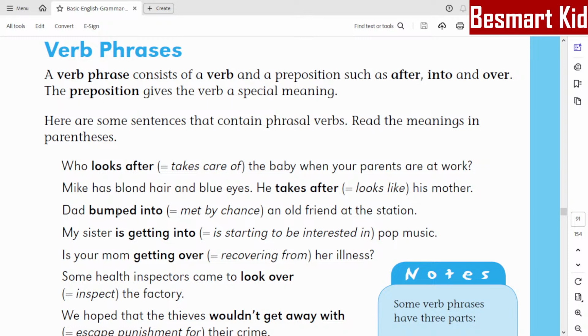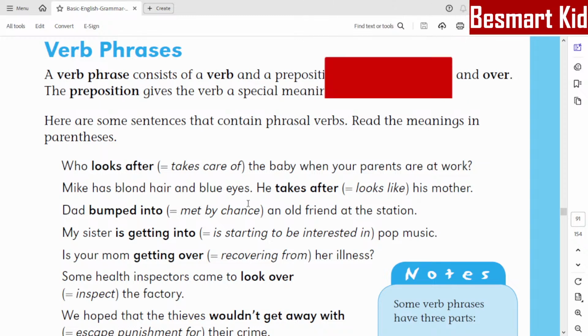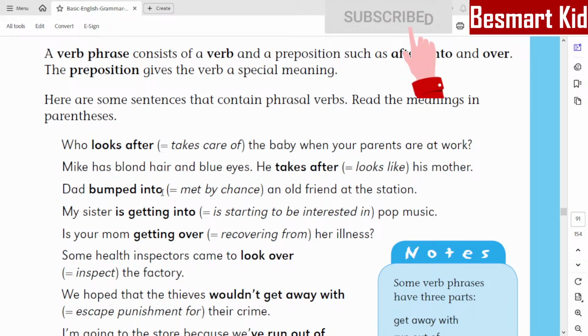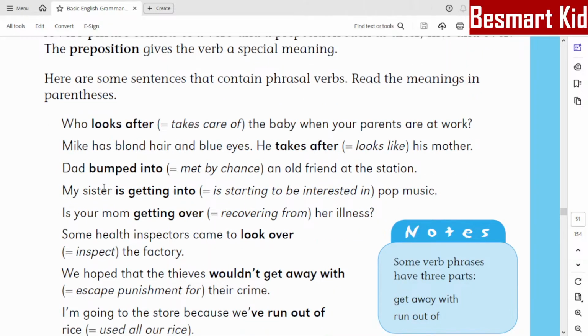Dad bumped into an old friend at the station. Here, bumped into means met by chance. My sister is getting into pop music.